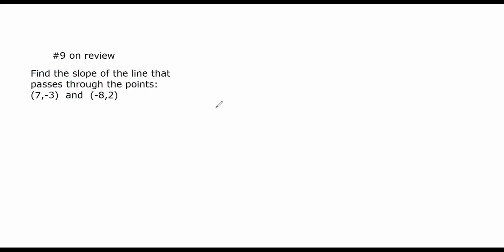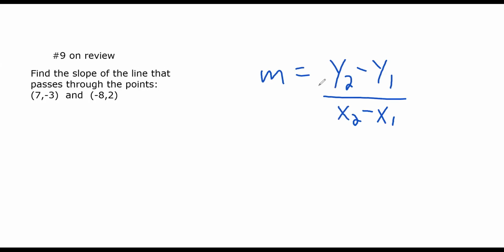If you remember the formula for finding the slope between 2 points on a line, it's going to be m equals, it's kind of famous, y2 minus y1 over x2 minus x1. And what we do is we label the first point x1, y1.